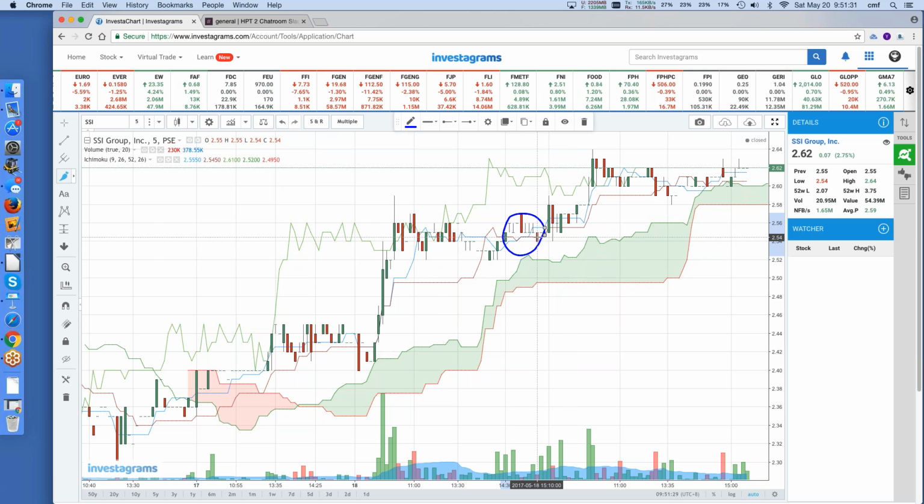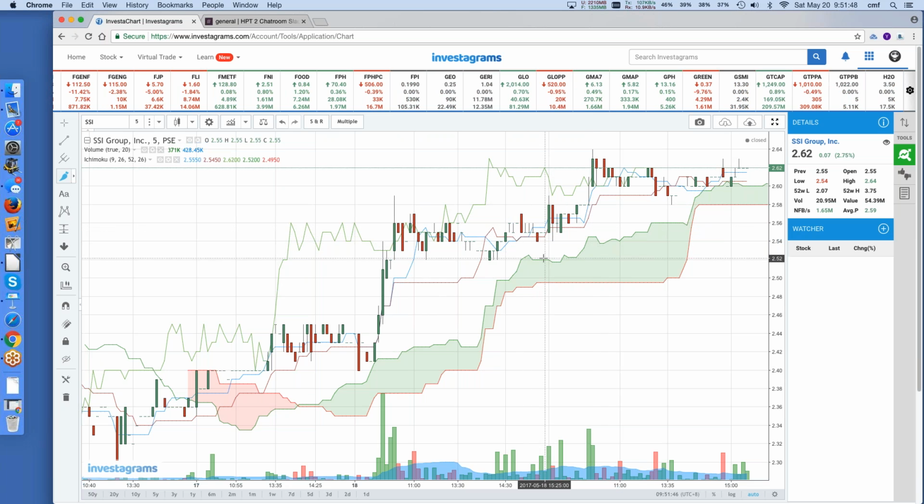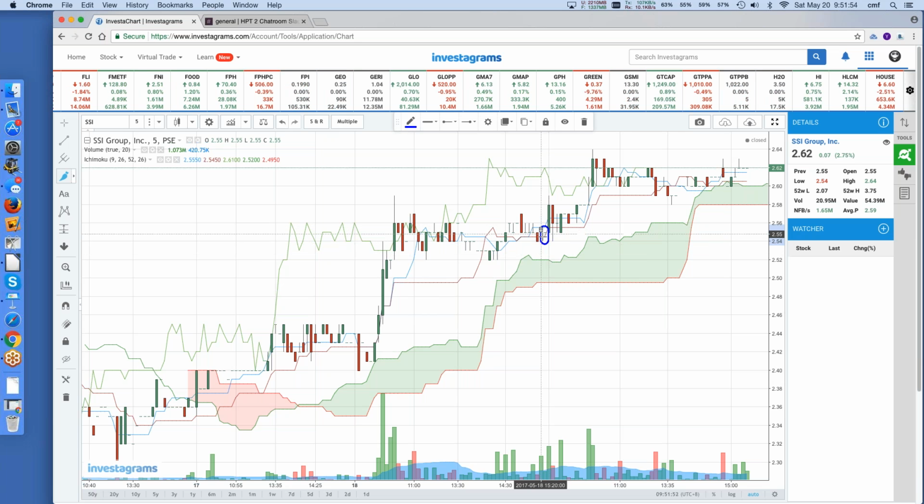This was the 5-minute candlestick on May 18, this particular candlestick. Oh, sorry, this was the candlestick. The time at the bottom is what I'm looking at, 3:25. So this was the candlestick at the close for SSI.